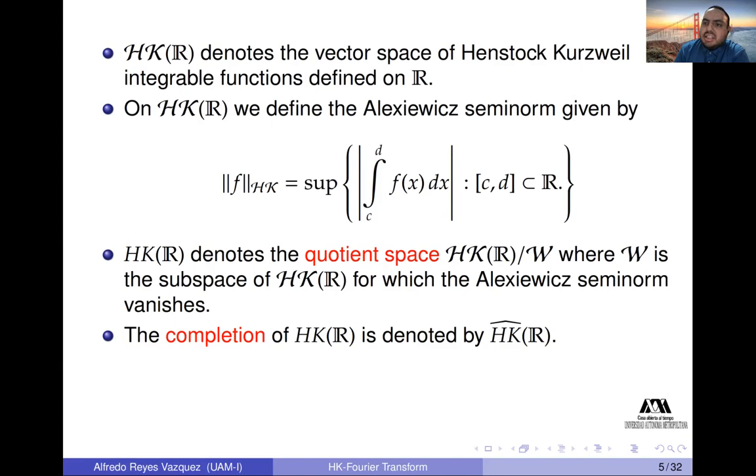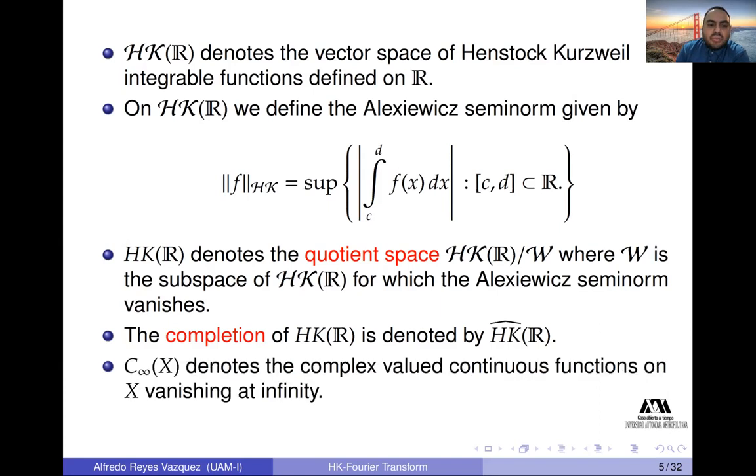However, this is not a Banach space. That's why we have to consider its completion, which is denoted by this symbol. And by C0, we denote the complex valued continuous functions on R vanishing at infinity.